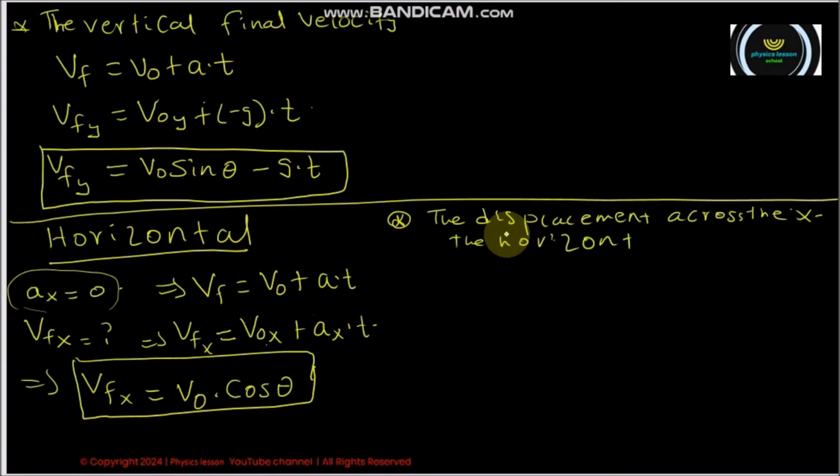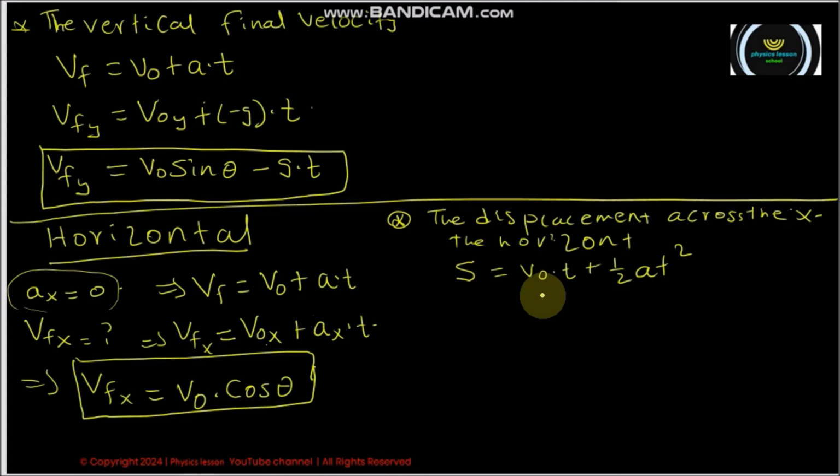That means the displacement in kinematics is calculated by v naught t plus 1 over 2 a t square.